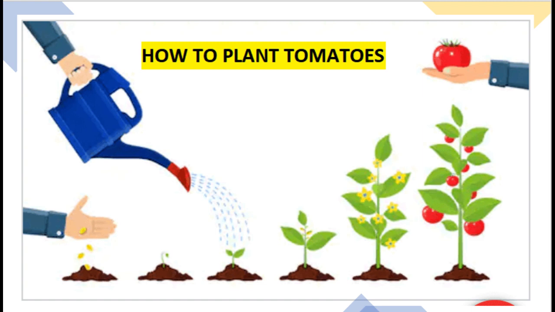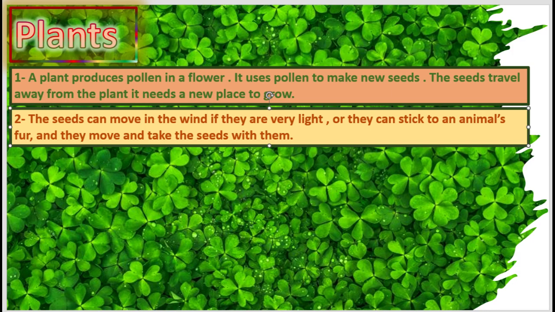So let's take the way number 2 to plant. In this way we use a new kind of seeds: the wind seeds, or the seeds that stick to animals' fur.